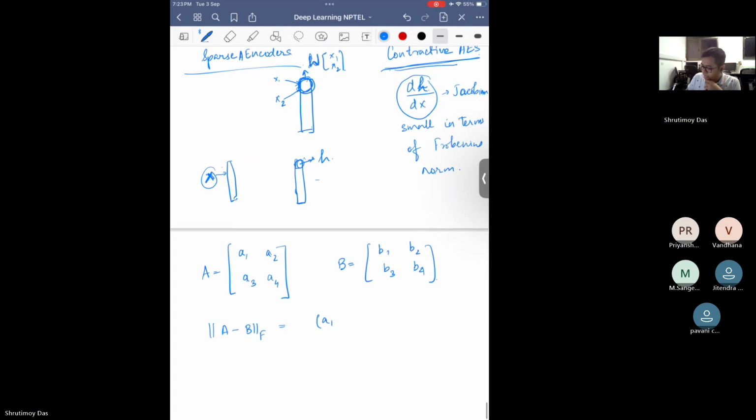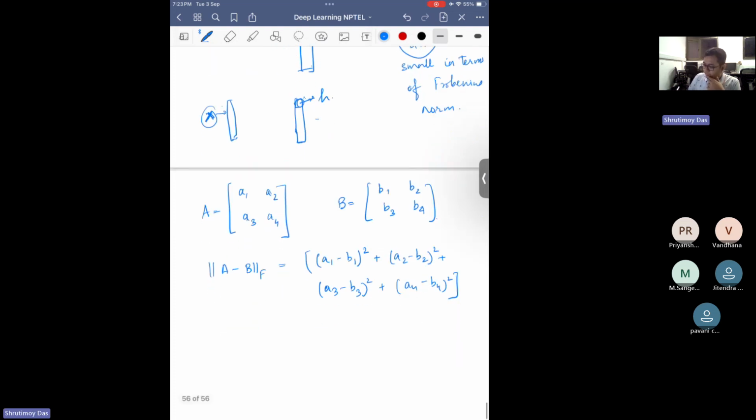So (A1 minus B1) squared plus (A2 minus B2) squared plus (A3 minus B3) squared plus (A4 minus B4) squared.